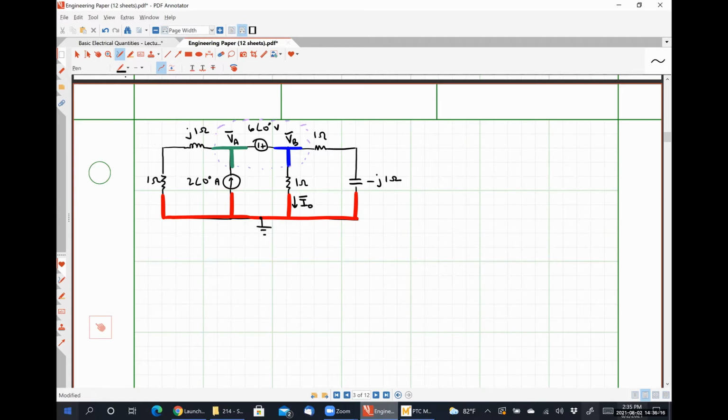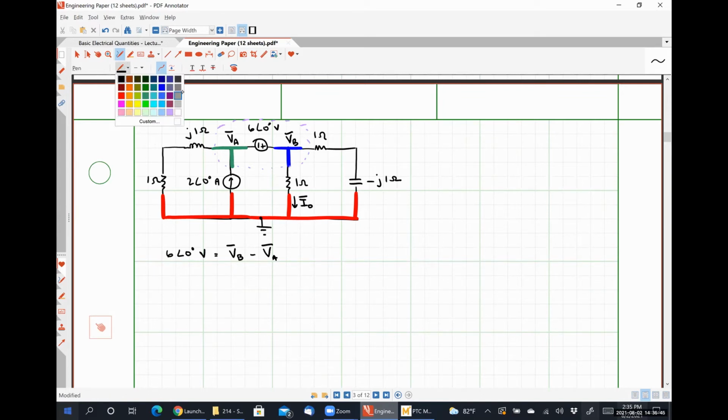So I'm going to have a voltage relationship. So I know that 6 angle 0 degrees volts, which is the voltage supplied by my source, will be equal to the nodal voltage at the positive polarity terminal, which is VB, minus the nodal voltage at the negative polarity terminal, which is VA.